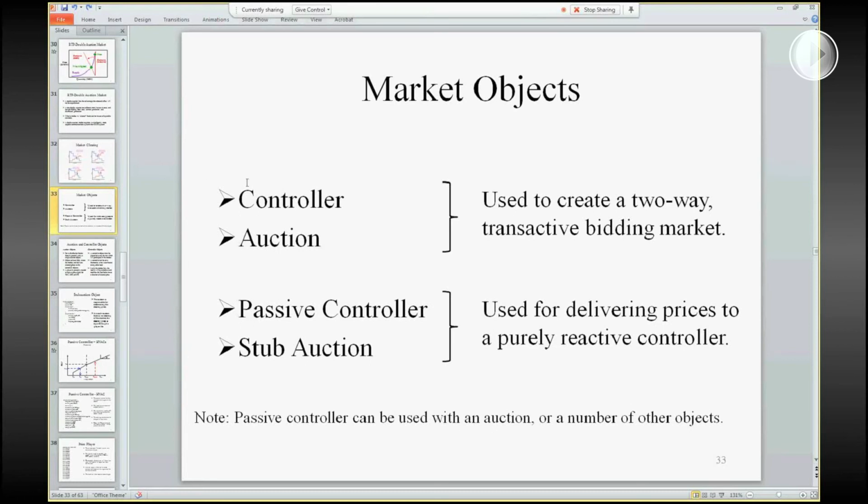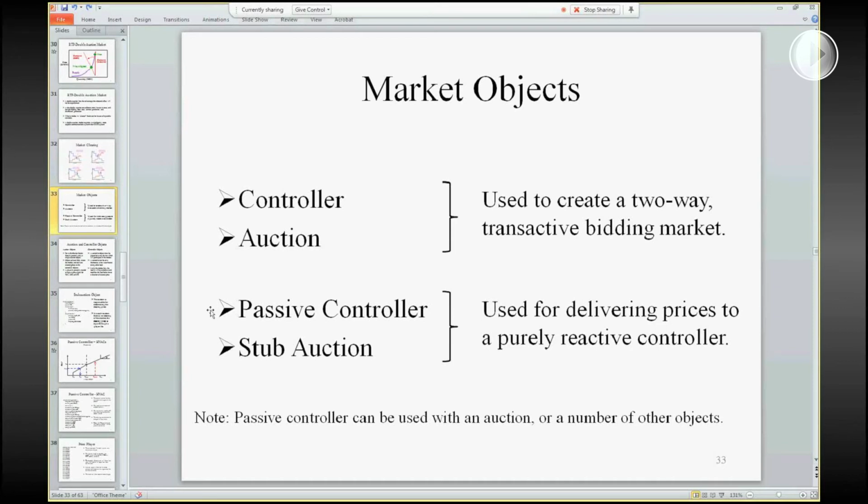We have auction and controller that are really designed for working with some of the transactive bidding structures, and then we have stub auction and passive controller that are looking at fairly purely just responding to prices. They're not doing a two-way bidding system. One note is that because passive controller can respond just to prices, it can be used with an auction also.